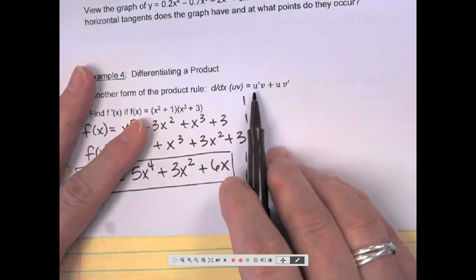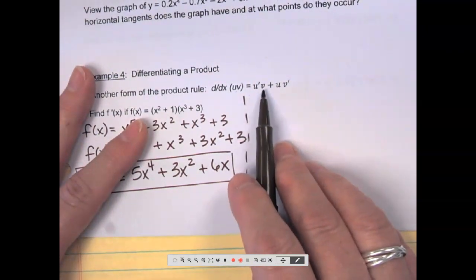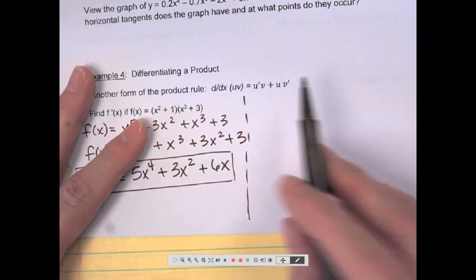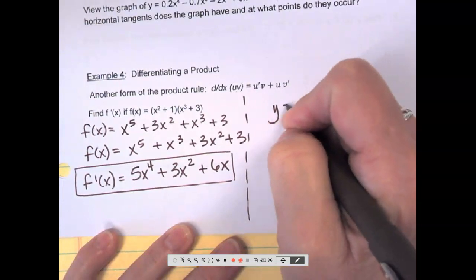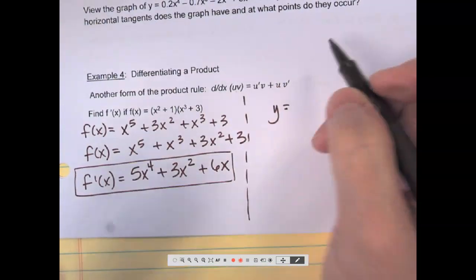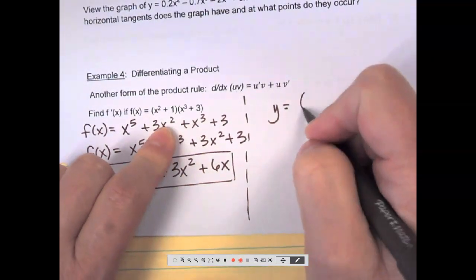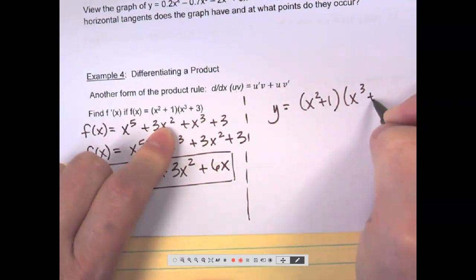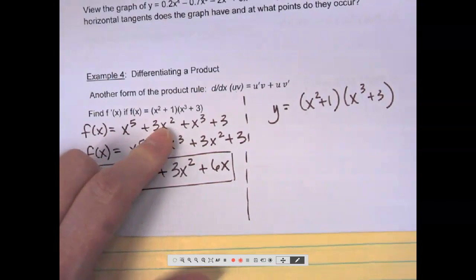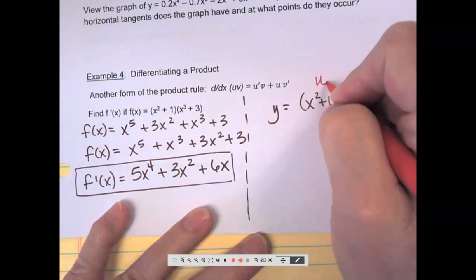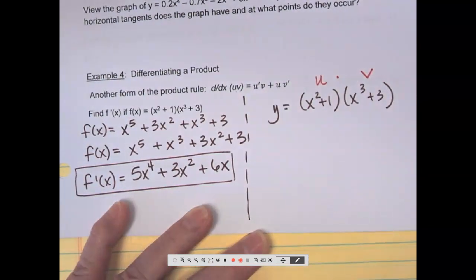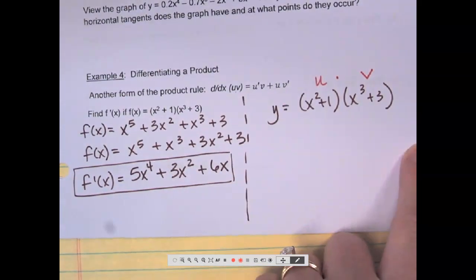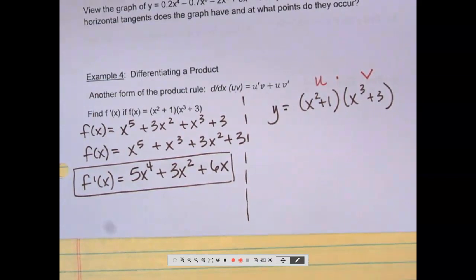And the rule is u prime times v plus u times v prime. So when I write out this equation again, f of x, I put y, same thing. I have x squared plus 1 times x cubed plus 3. This will be what I call u, and this will be what I call v. So it's a function of x times another function of x. That's when we use the product rule.